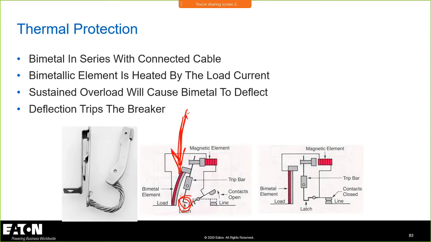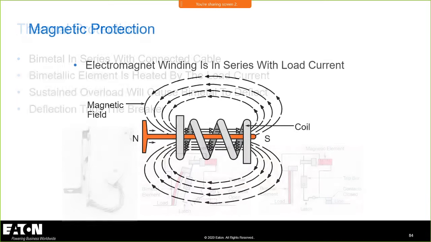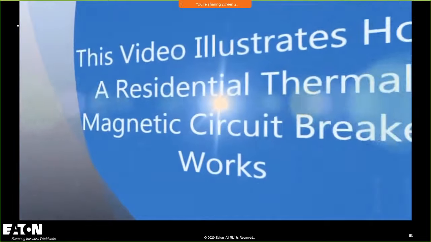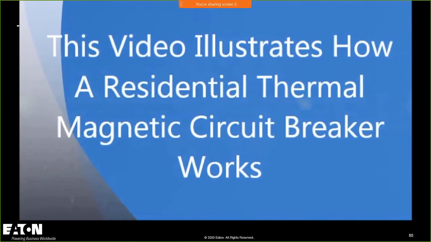And on the magnetic portion, we show a coil here, but in reality, it's more like what I call the clapper in most cases. We do have breakers with coils in them, but for the most part, and I'll show you a picture of it, on the magnetic side, you have a lot of current going through it, and it causes a plunger. But I'm going to show you a little demonstration of a thermal magnetic circuit breaker, residential miniature type breaker.